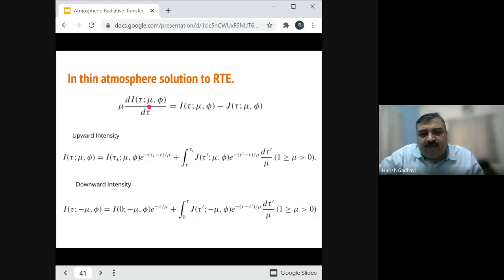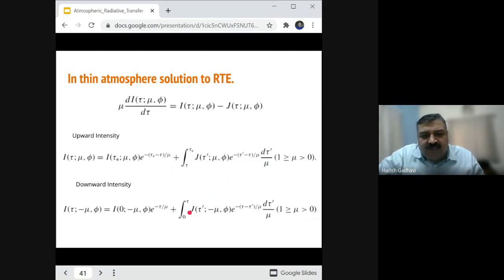This tau, both optical thickness and optical depth, people use the symbol tau. So this tau is an optical depth, and the equation is this one. If you are doing the radiative transfer calculations for upward going intensity or downward going intensity without worrying about the scattering, your solution will look like this.